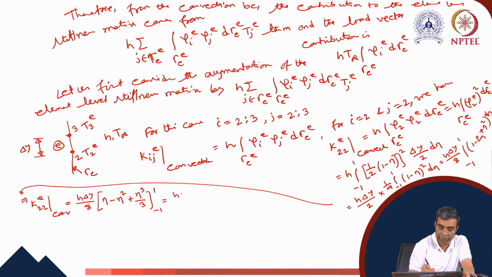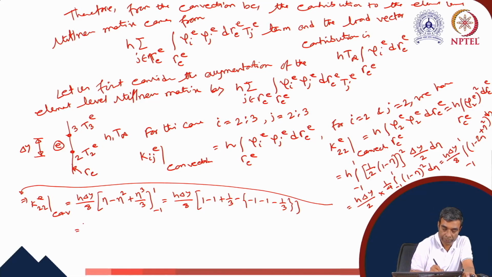This gives us H delta y by 8 into 1 minus 1 plus 1/3 minus -1 minus 1 minus 1/3.